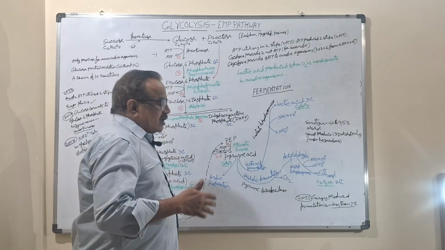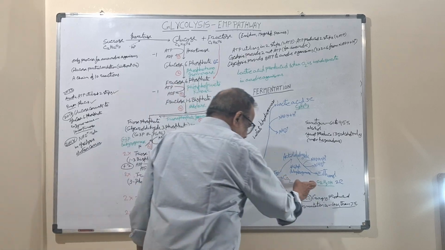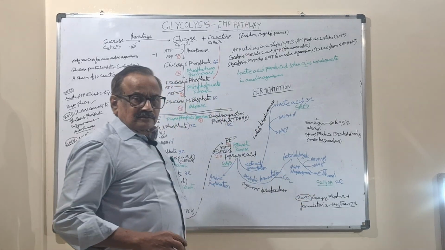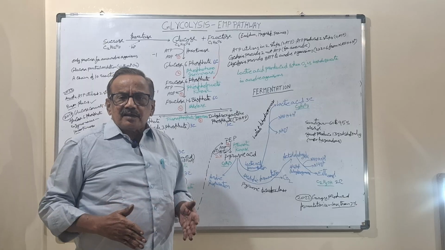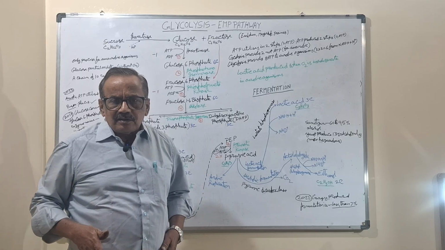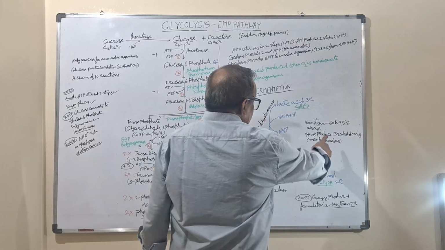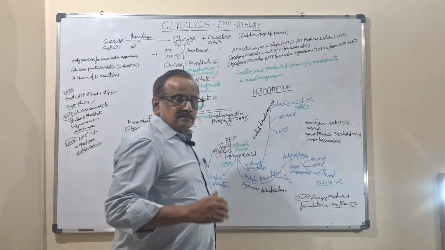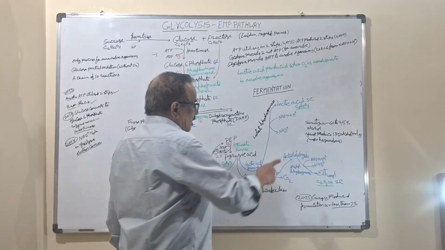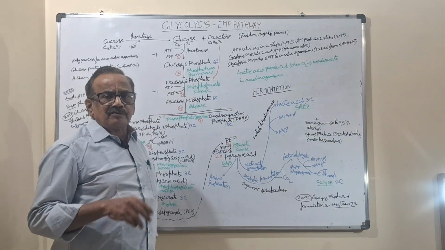So, what is the use? Because of this one, the yeast which is fermenting and producing the alcohol, when the alcohol percentage is above 13%, it is hazardous, meaning harmful to the yeast itself.